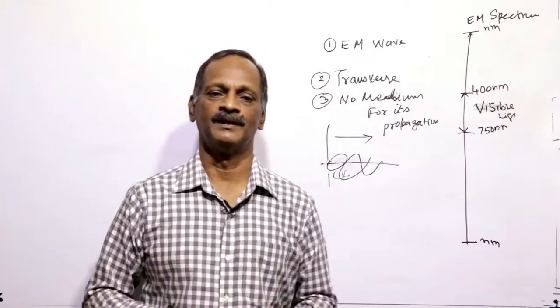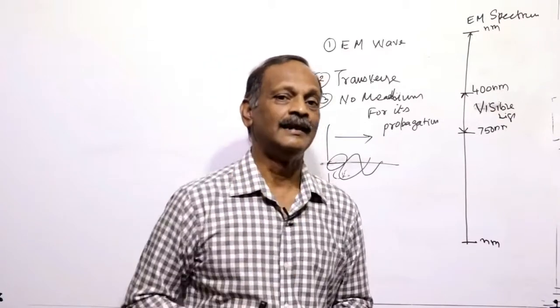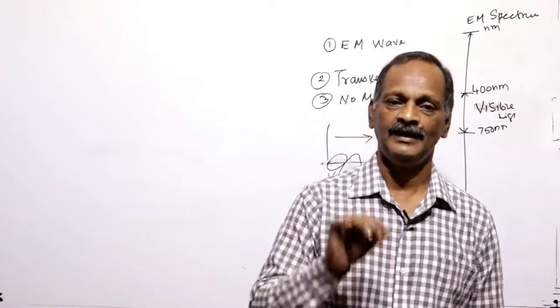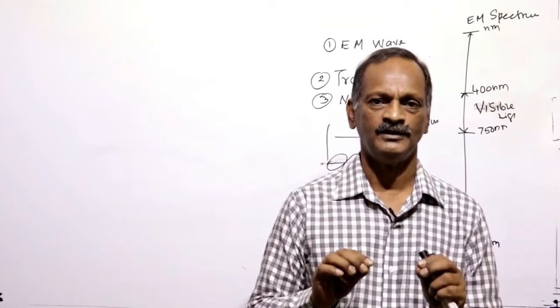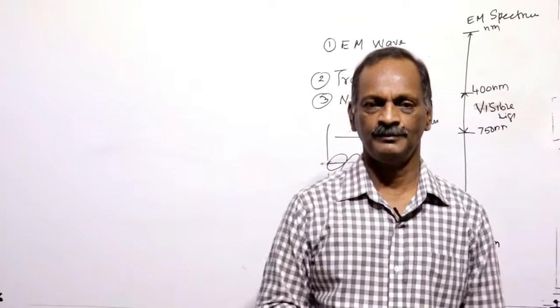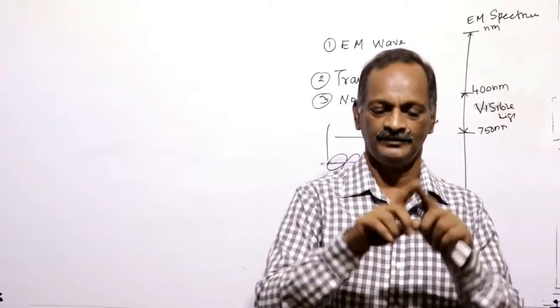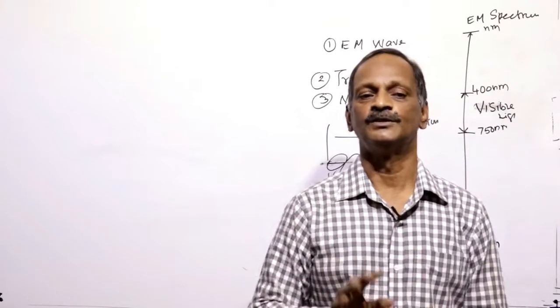Light travels in a straight line in a homogeneous medium. What do you mean by homogeneous medium? Homogeneous medium means throughout the medium, the characteristics of that medium are the same, with no change.